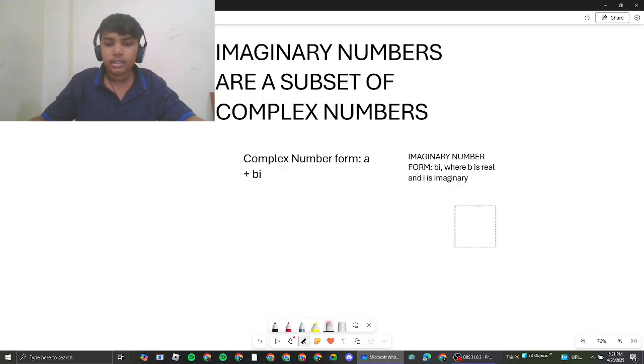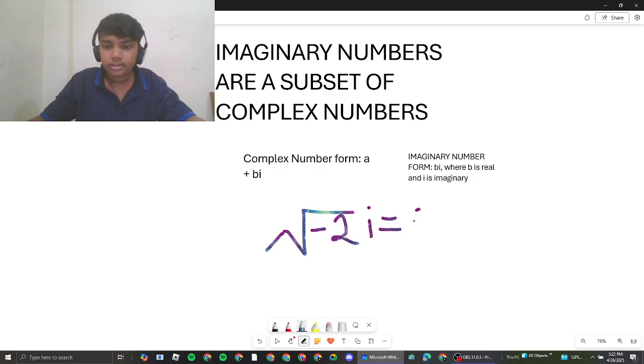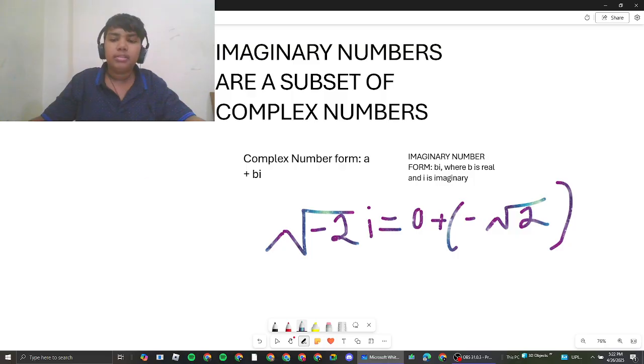And if I have something like the square root of negative 2, I can write this as 0 plus i times root 2 times i, and to simplify this, i squared is negative 1, so it is minus 2 plus the negative version of the square root of 2.